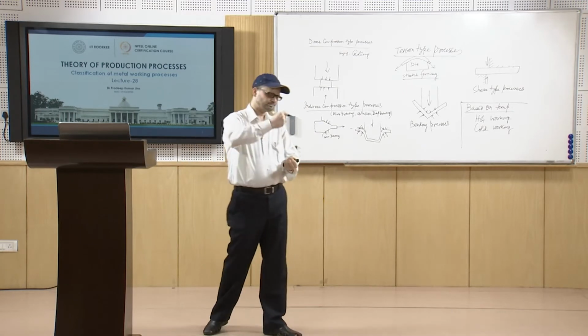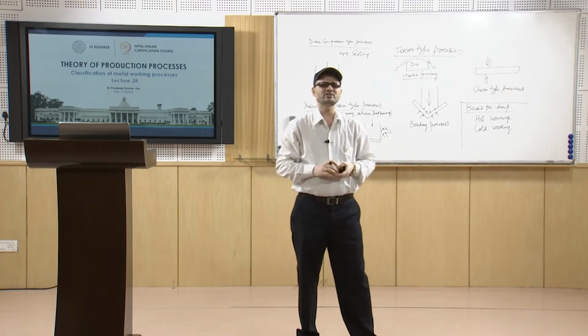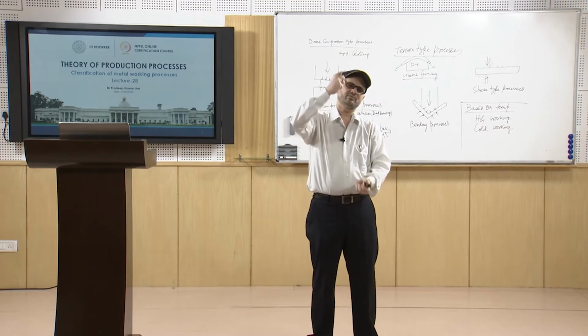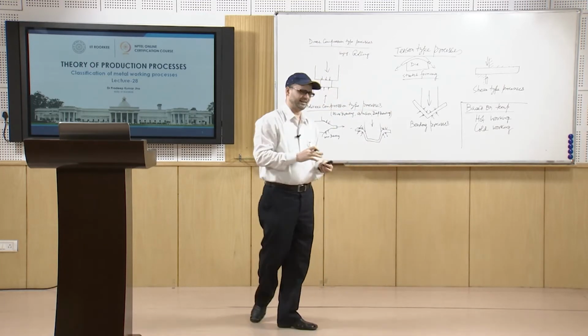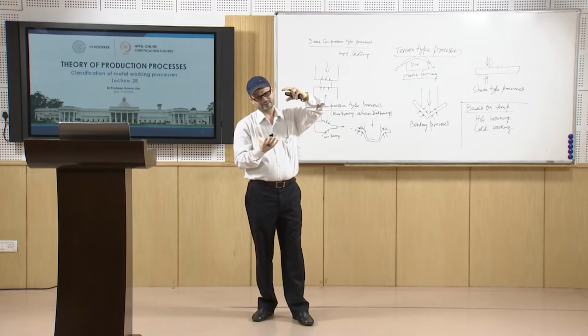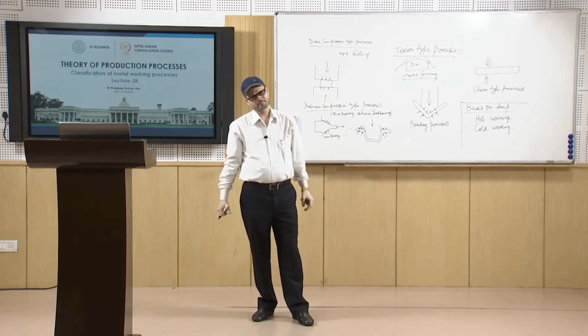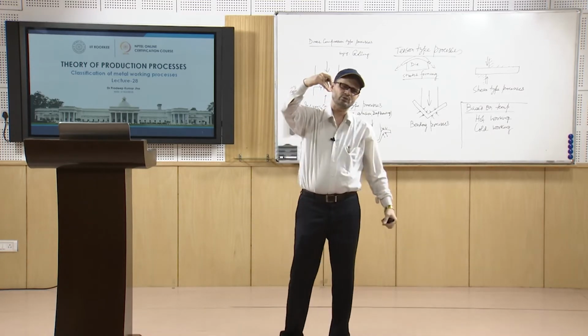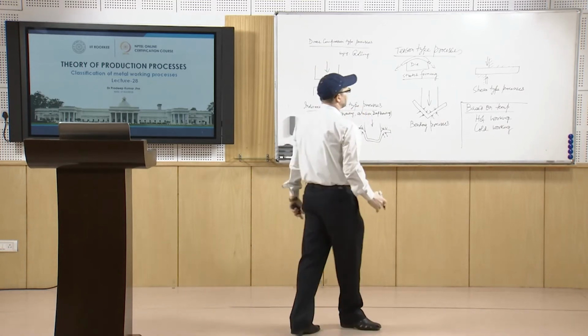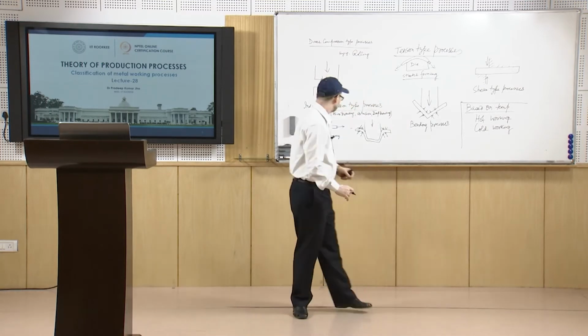So when the force is applied by the dies on the surface of the material, you have a zone which is in contact with the die. The die applies the pressure on the job.